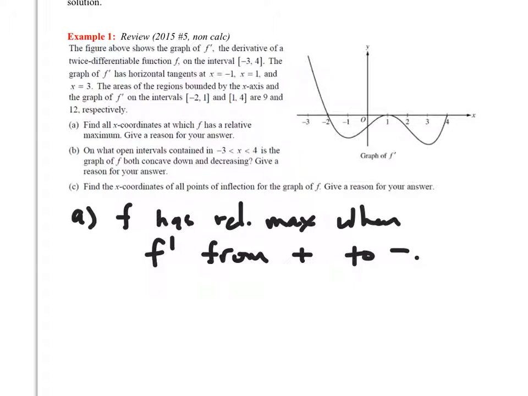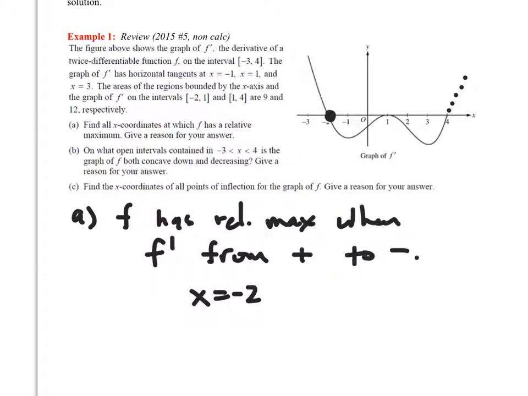Okay, and that happens, it looks like, at x equals -2. It doesn't look like that happens anywhere else. It looks like there would be a min value potentially at x equals 4 if the graph continued like that.